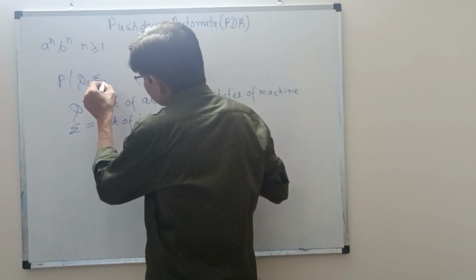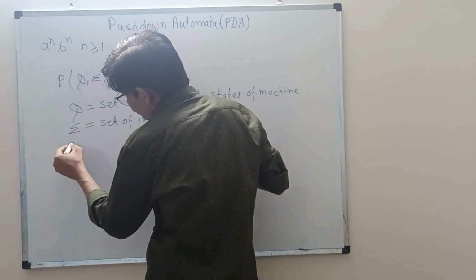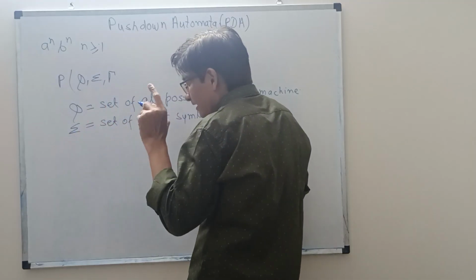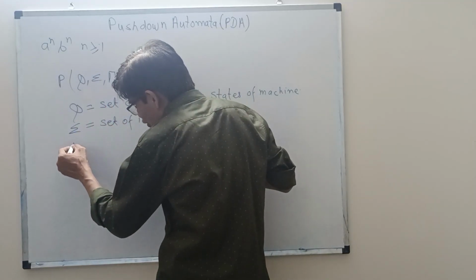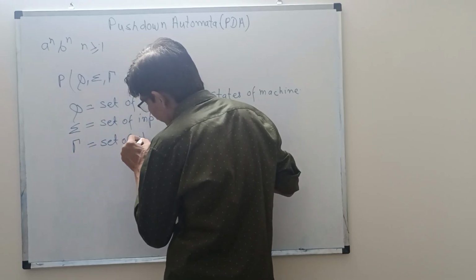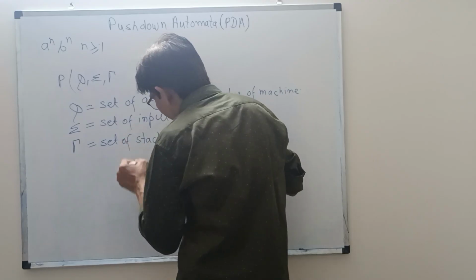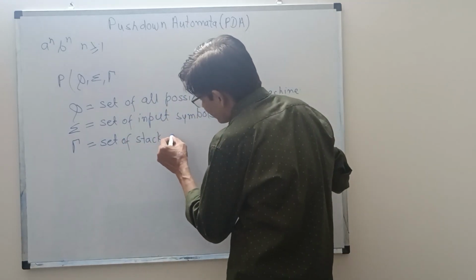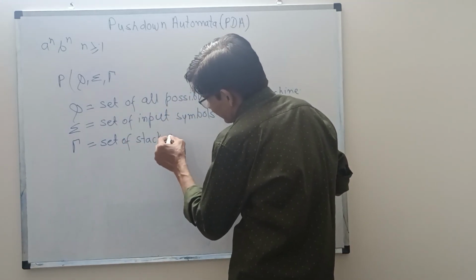Then third is gamma. As we are using a stack with the PDA, gamma is the set of stack symbols, the symbols that we will use for push and pop operations on the stack.